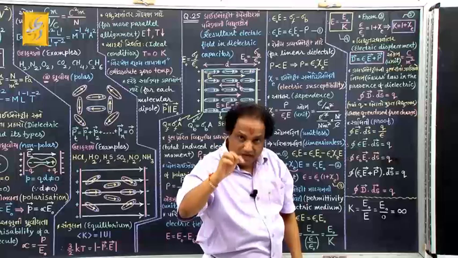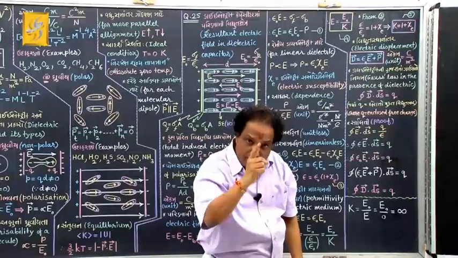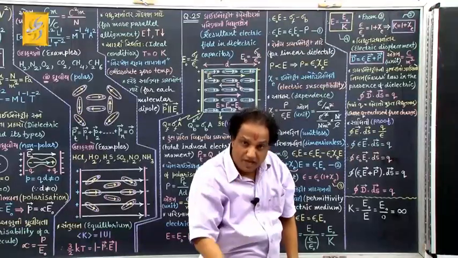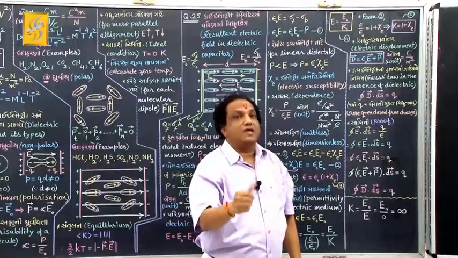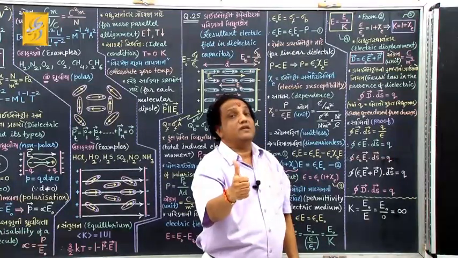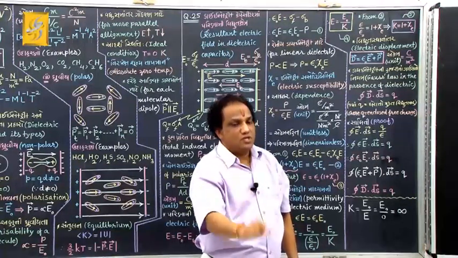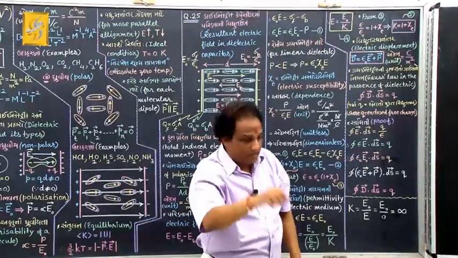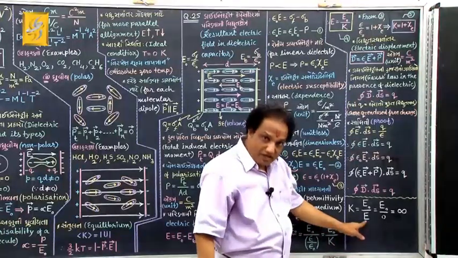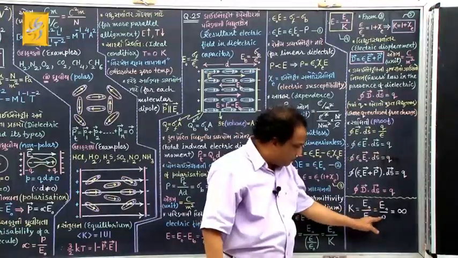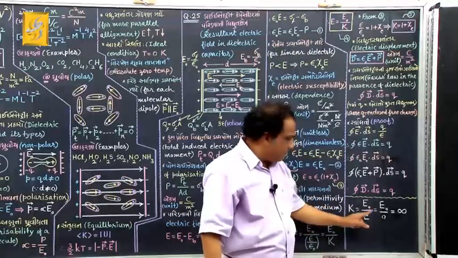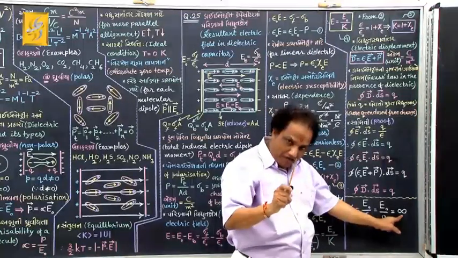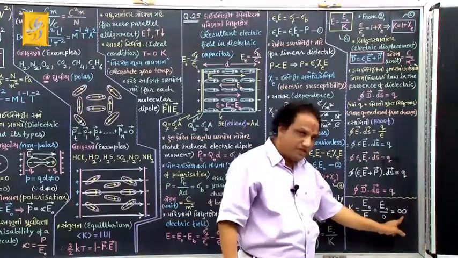Inside the metal, there is externally applied electric field and there is also induced electric field, which are equal in magnitude, opposite in direction. So they were cancelling each other, and so you did not have any resultant electric field inside the metal. So remember, for any metal, there is no resultant electric field inside the metal, so E is 0. When E is 0, something upon 0 will be infinity. That's why K will be infinity for metals. Okay? For good conductor, for metal, remember dielectric constant is infinity.